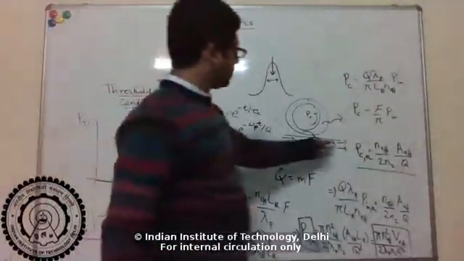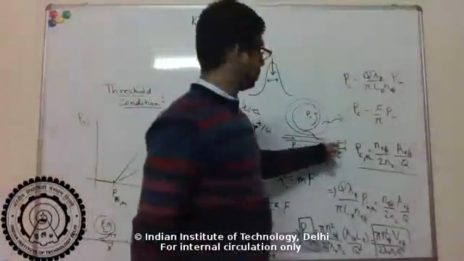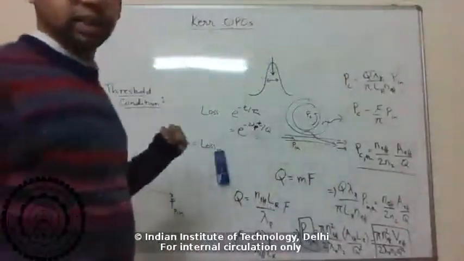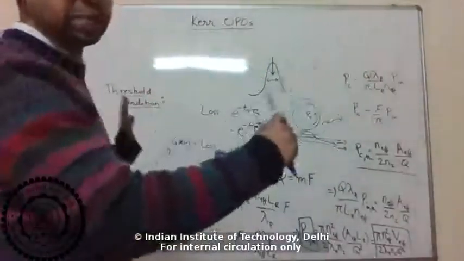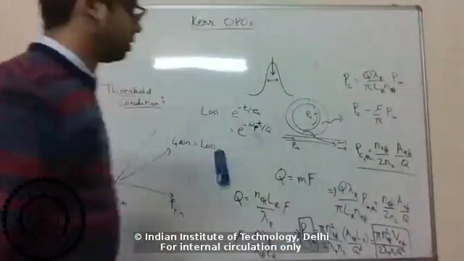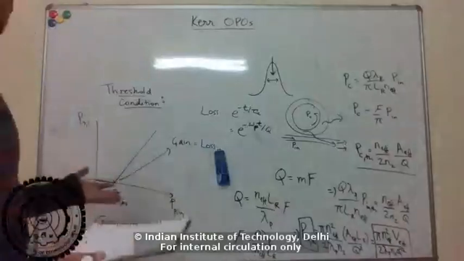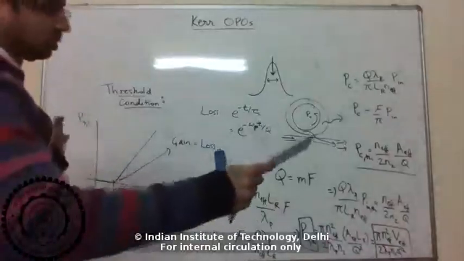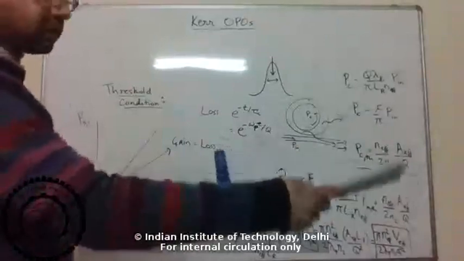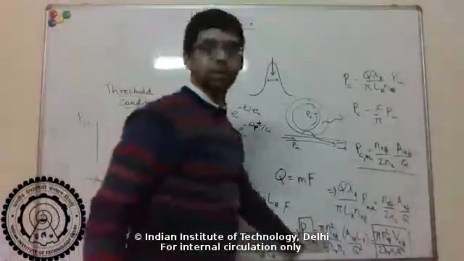So which frequencies will come out exactly? Again, it is given by that condition that we just discussed, right? So the modes which become equally spaced at this power will be the ones to oscillate. They could be the nearest ones, or they could be further away ones, depending on where the threshold power is. Okay.